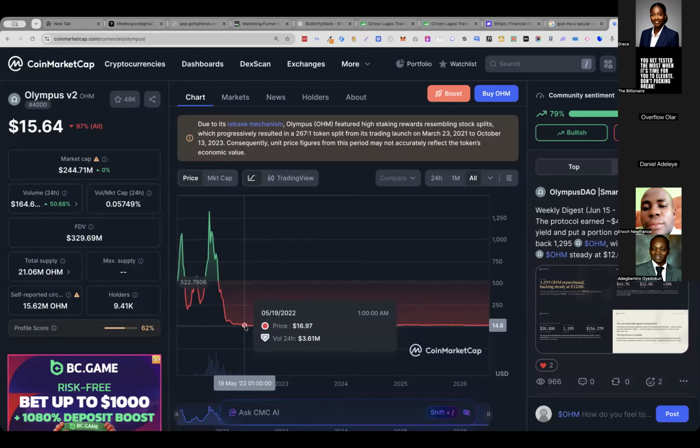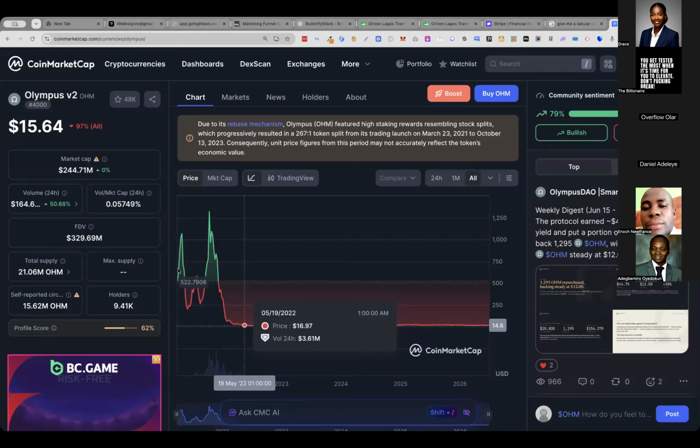Now, between that 2022 and 2026, the price has not gone below that floor level. And up till now, people are able to buy, sell, stake, withdraw, all at this floor price that the project has not gone below.